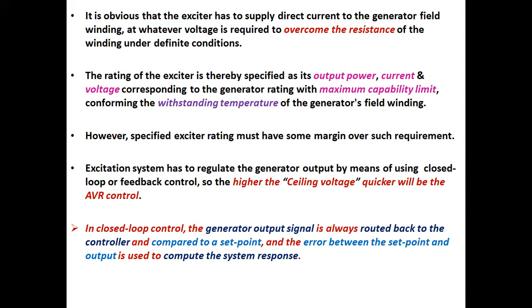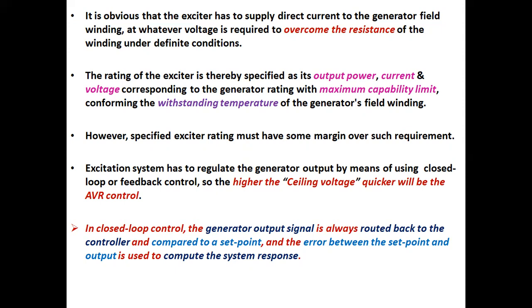The rating of the exciter is thereby specified as its output power, current, and voltage corresponding to the generator rating, with maximum capability limit conforming to the withstanding temperature of the generator's field winding. However, the specified exciter rating must have some margin over such requirement.